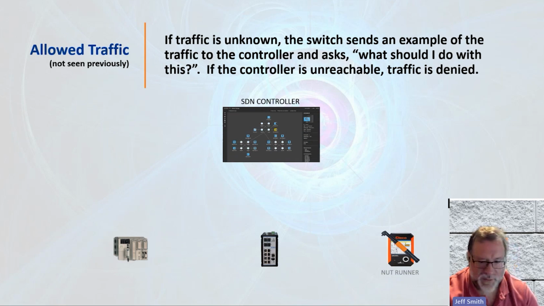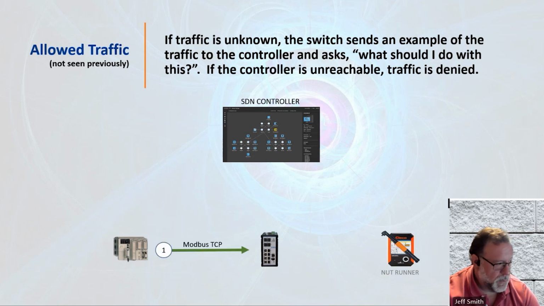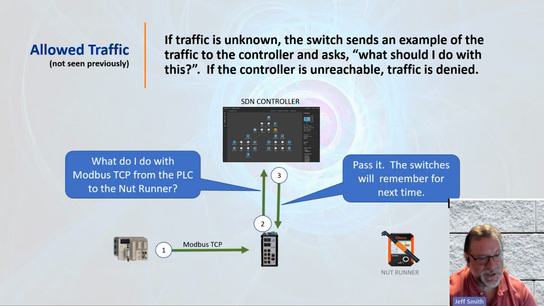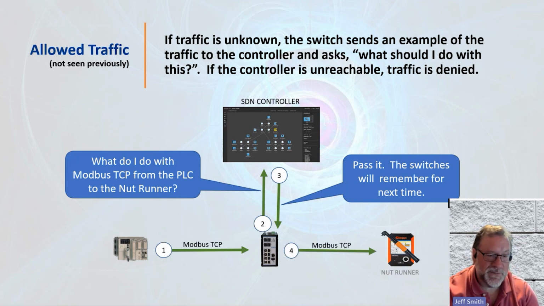What if it's allowed traffic, but it's unknown? What if we don't know? The switch has never seen this traffic before. It has no flow or policy inherent in the switch that allows it. What's going to happen is the switch is going to send that first packet and piece of information to the controller and say, hey, this Modicon PLC is trying to talk to this nut runner over Modbus TCP.